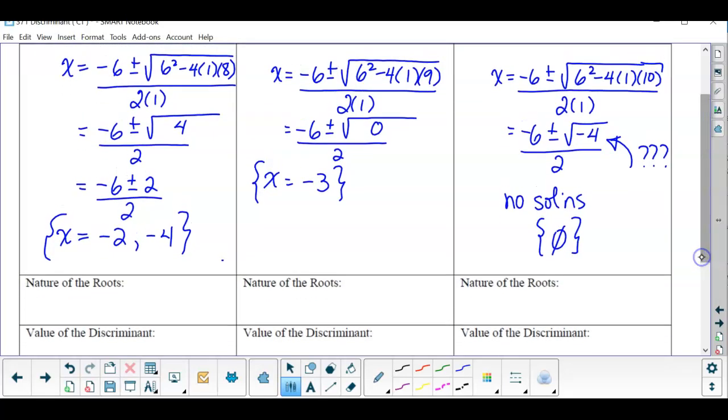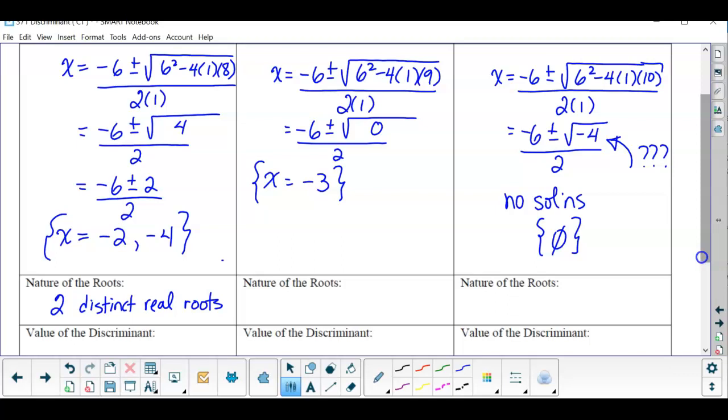All right, so the nature of the roots, this we describe as two distinct real roots. Distinct means they're different. So if you were to use the word different, that'd be fine as well.